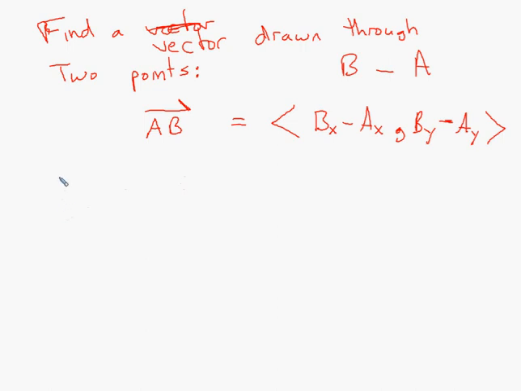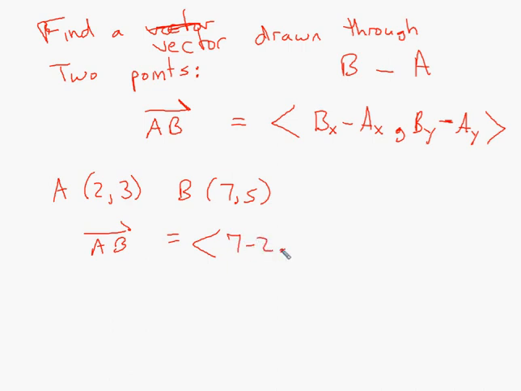So what if I had the point A is 2, 3, and the point B is 7, 5. And I draw a vector. So I want vector AB. I'm going to do 7 minus 2, comma 5 minus 3. And my resultant is 5, 2.